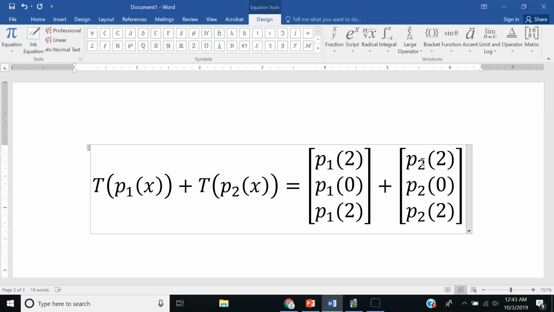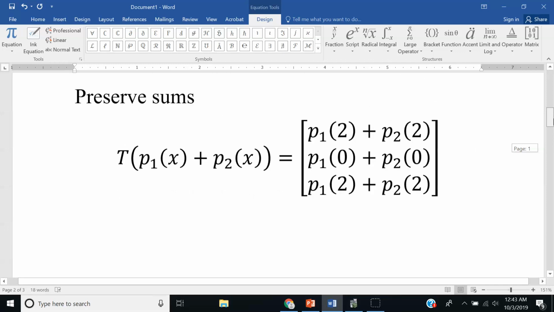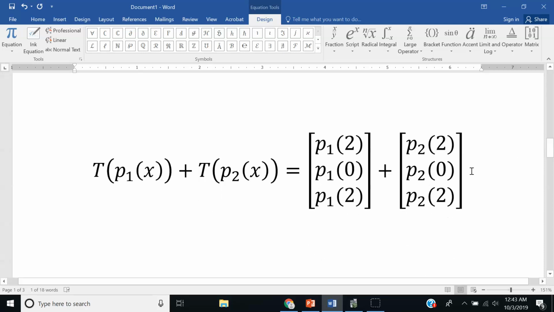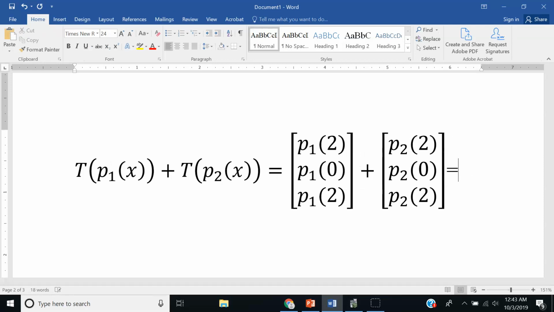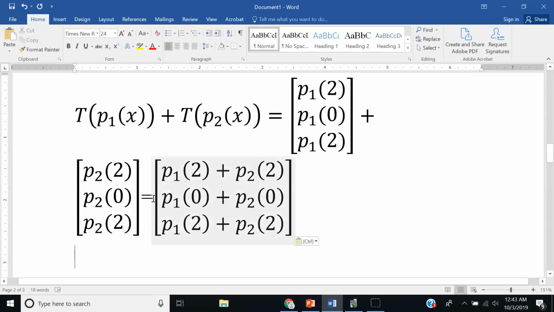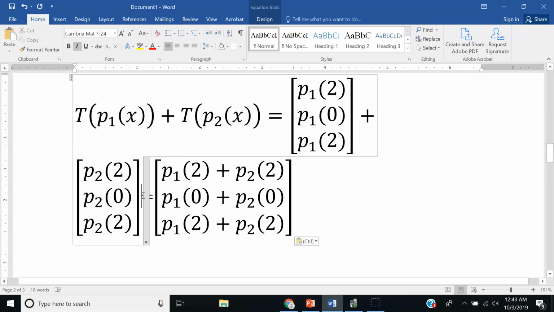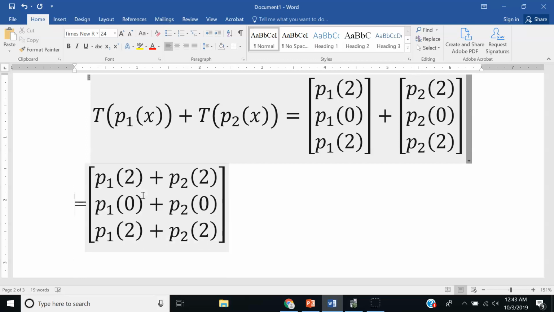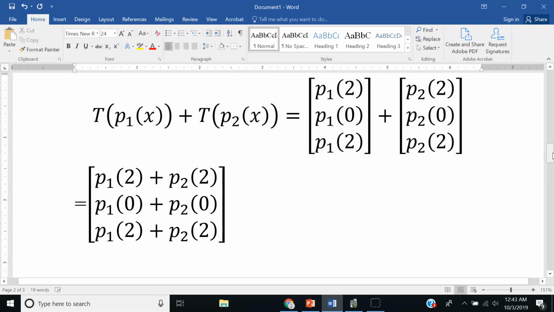All right? And in fact, when you add these, you do in fact get the exact same vector you got up here. So adding those gives you the exact same vector that we got up there. So what we see is that we preserve sums.